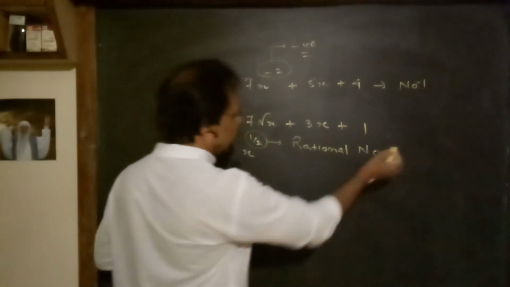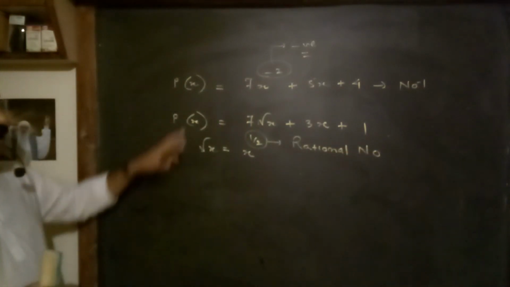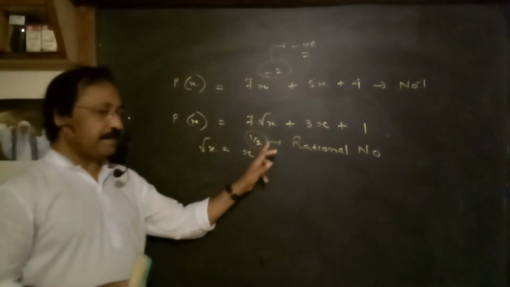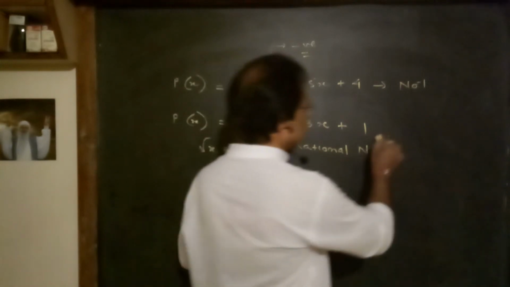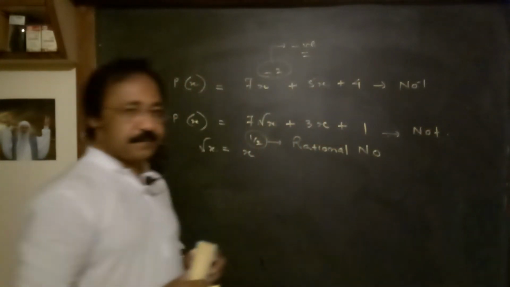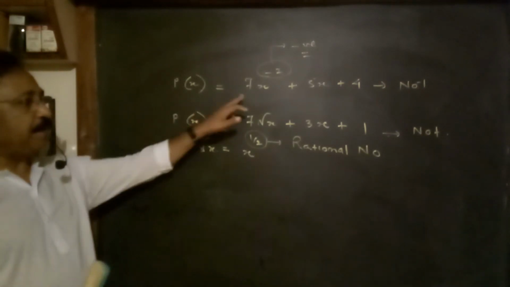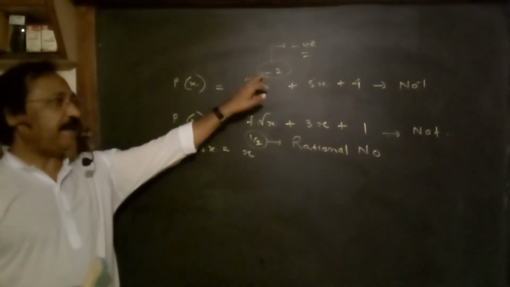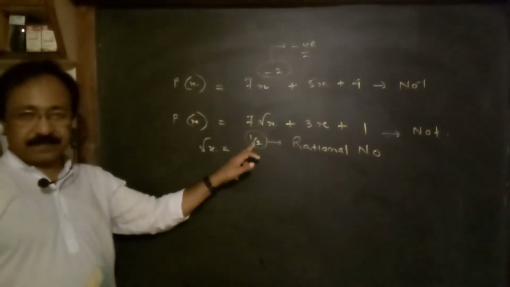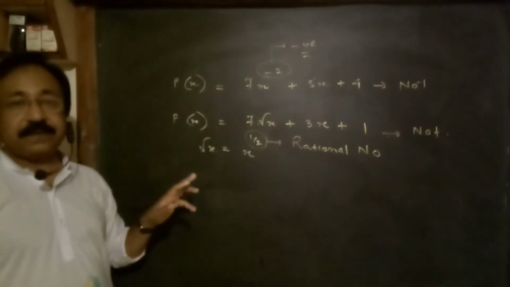So when any term of a polynomial contains a rational number as its power, then it is also not a polynomial. So my dear students, you remember that in any polynomial the power of x can never be negative, power of x can never be fractional. If it is so, then it is not a polynomial.